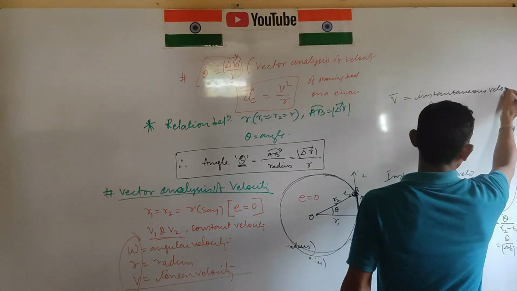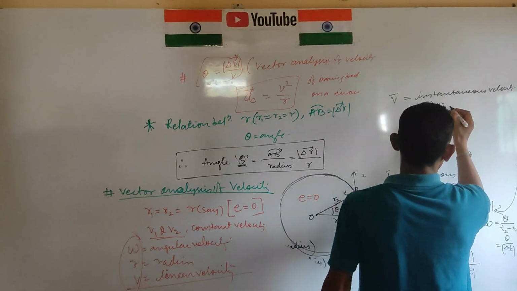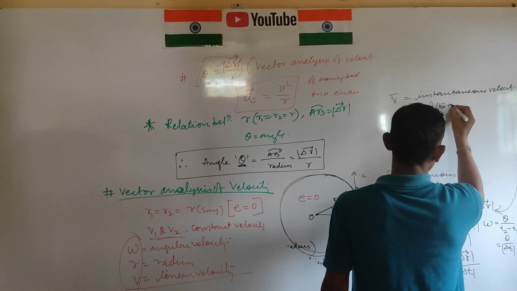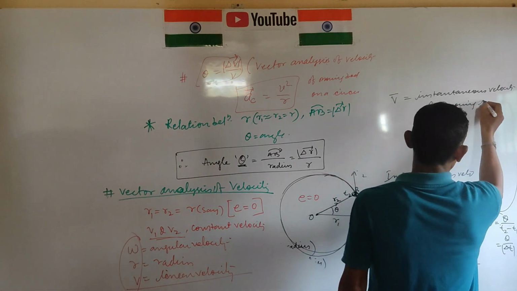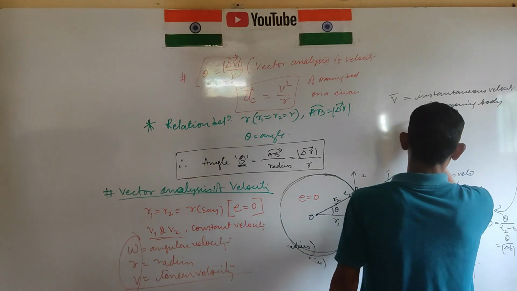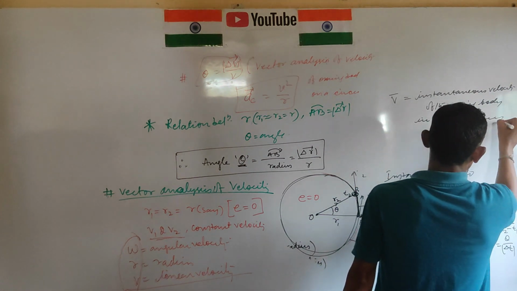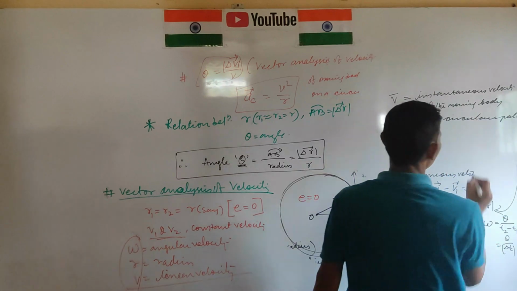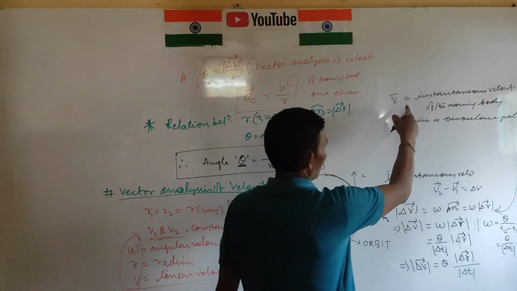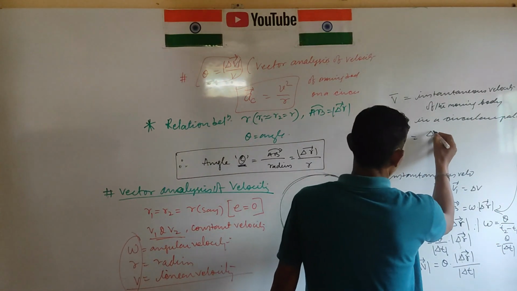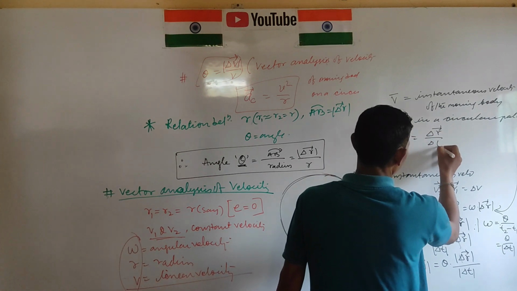Instantaneous velocity of a moving body in a circular path. Okay, circular path, and in this case that is called delta r upon delta t.